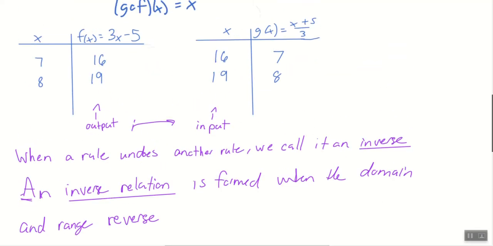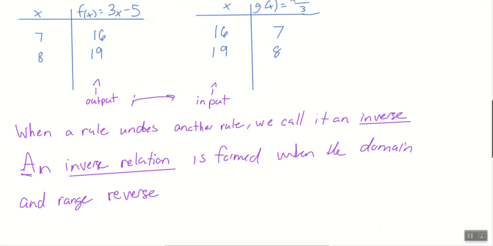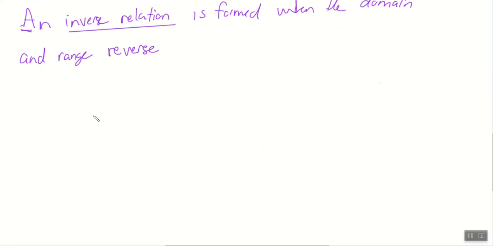So I was looking above, our domain is our x values, right? And y values is our what? Kian? Yep, which is also domain, or is that range? Range, yep.